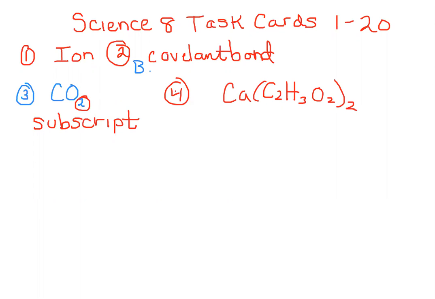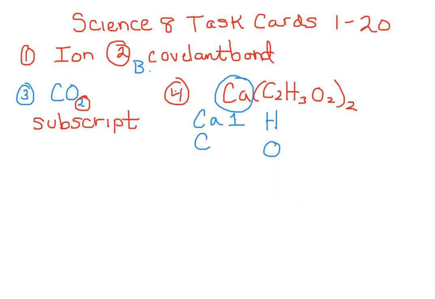This is asking you how many calcium atoms, how many carbon atoms, how many hydrogen atoms, and how many oxygen atoms. There is 1 calcium atom. There's no number by calcium, no number below or anything.